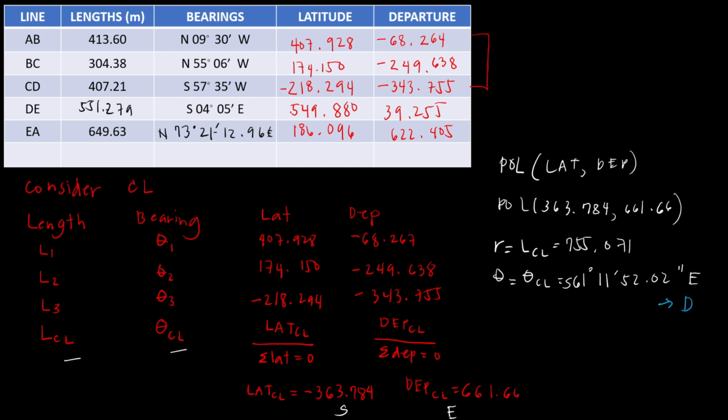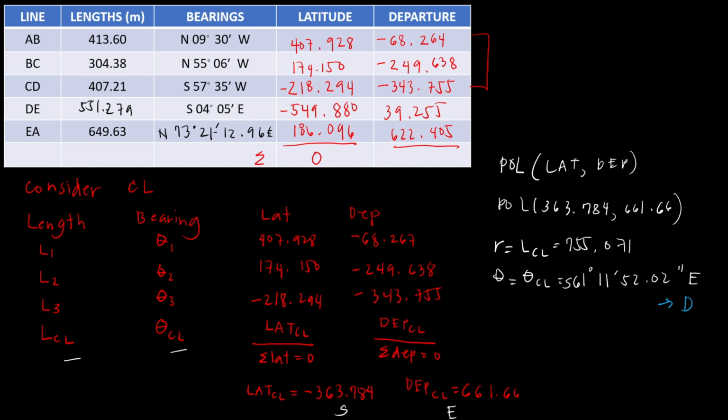So dito south, so this is negative, positive, positive, positive. So i-compute natin yung latitude and departure. So kailangan mag-zero yung summation ng latitude and departure. So 407.928 plus 174.150 minus 218.294, and then minus 549.880, and then plus 186.096. So that is, ito 0 yung latitude natin.